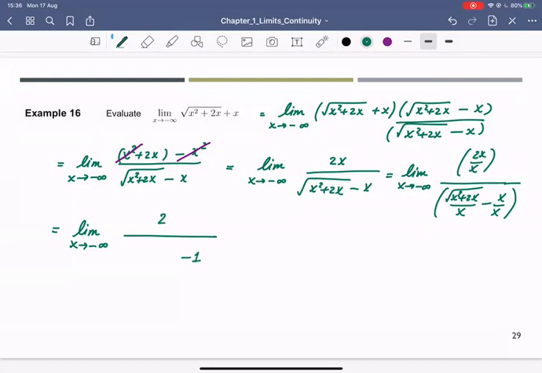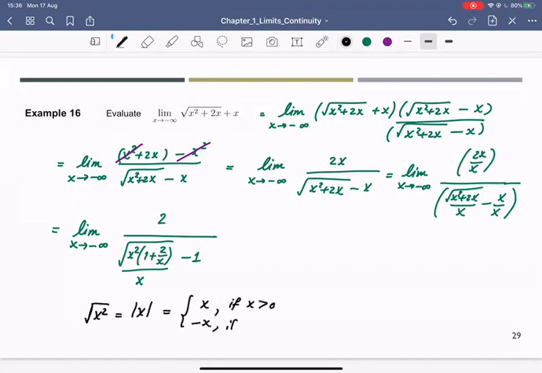So the term that I have to deal with is something over x here, which is a square root. I'm going to pull out x squared first. That means 1 plus 2 over x. All right. And then, like the last question, I have square root of x squared. So I'm going to say this is absolute value of x, which is going to be plus or minus, depending on the value of x.